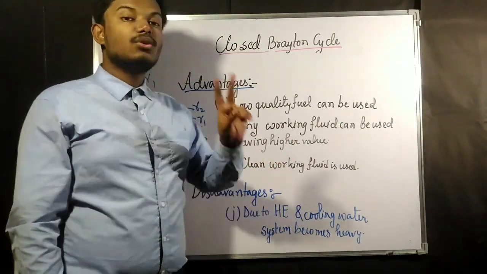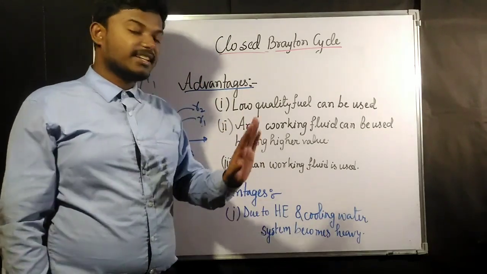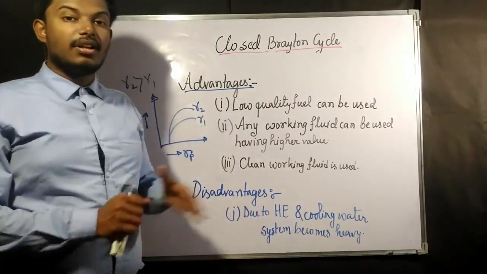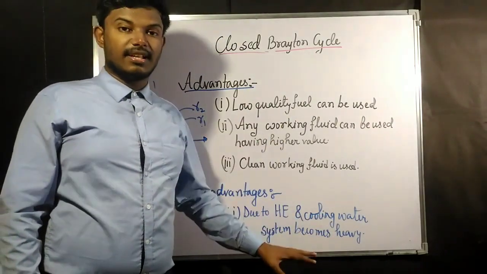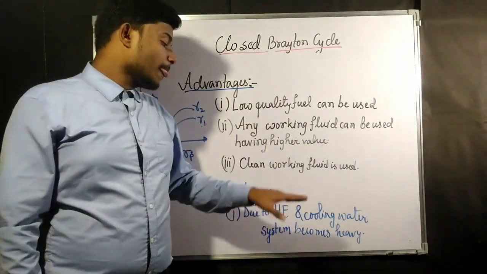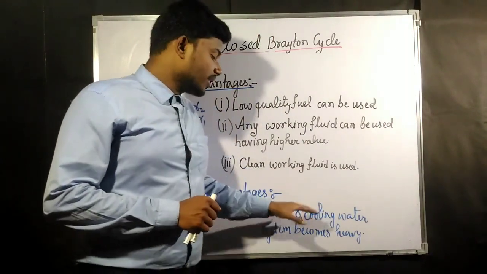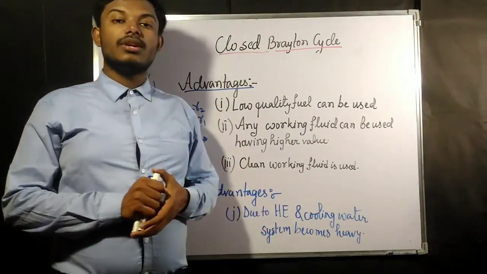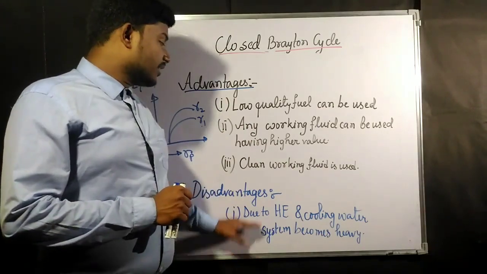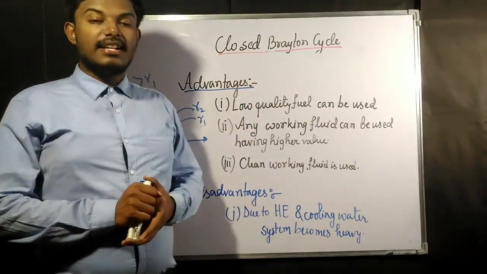Now we are adding two more heat exchangers: one is the extra heat exchanger, and another is the cooling water system. The cooling water system is for cooling down the air, and the heat exchanger is for heating the air. Now the heat exchanger is going to raise the weight of the system. So the advantage which was there in the open system is now going to become a disadvantage.